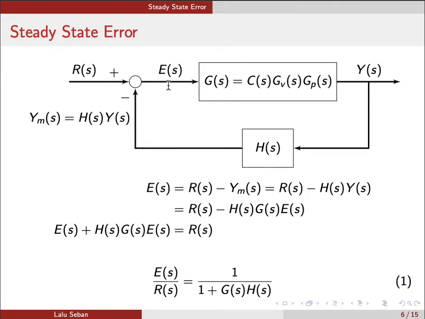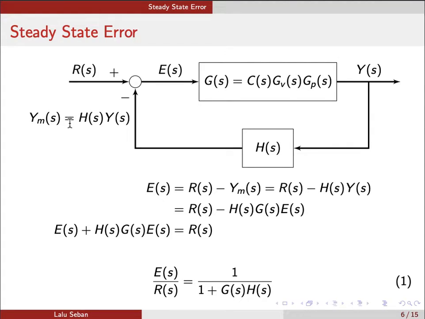So from here it is very clear that the error E of S is equal to the reference minus the measured process output, that is R of s minus Ym of s.